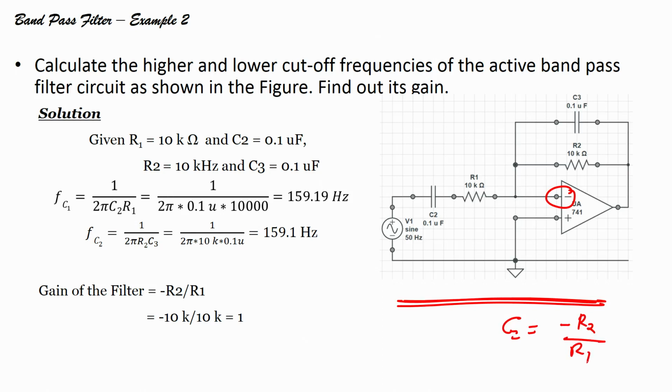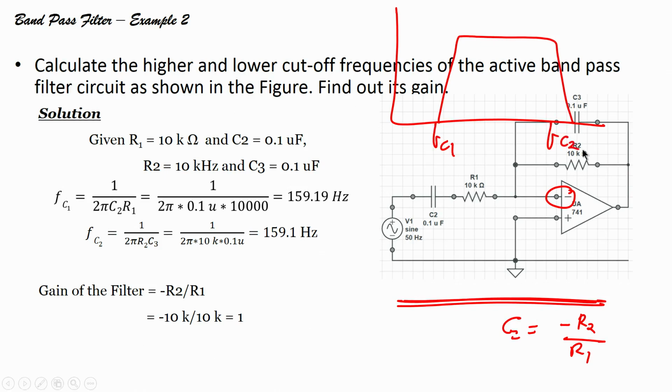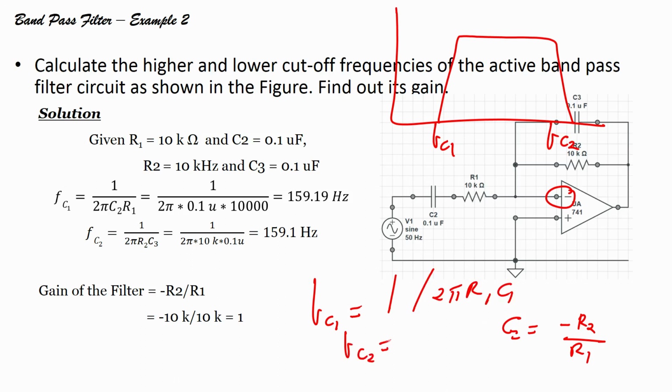Frequency we know, let us write FC1 and FC2, because we have a band pass. So, FC1 equals 1 by 2 pi R1 C1, FC2 equals 1 by 2 pi R2 C2, correct.